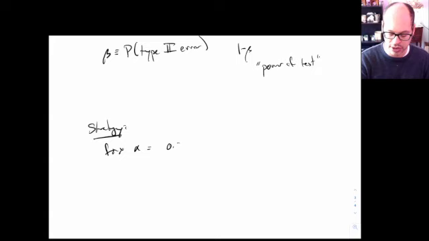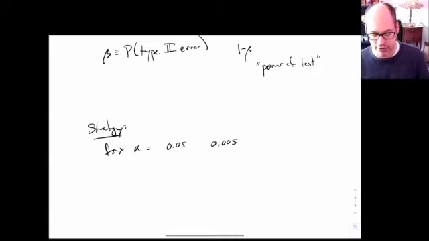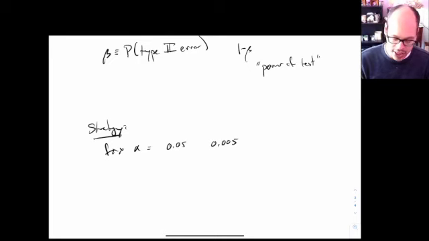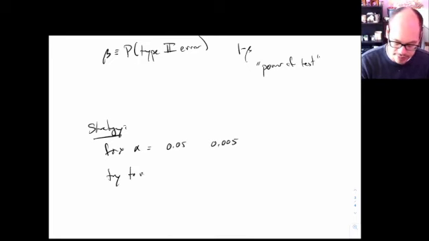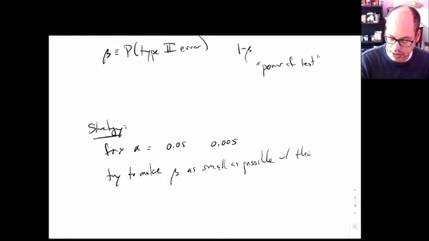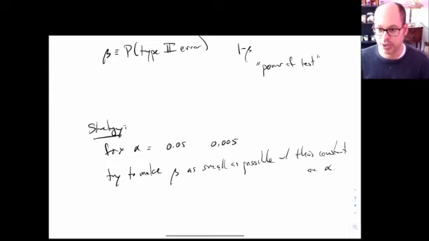Maybe alpha is 0.5, or maybe it's 0.005 or whatever. We fix some level, and then we try to make beta as small as possible with this constraint on alpha. So we see how much power the test can have and still be that certain that we won't accidentally get a false positive result.